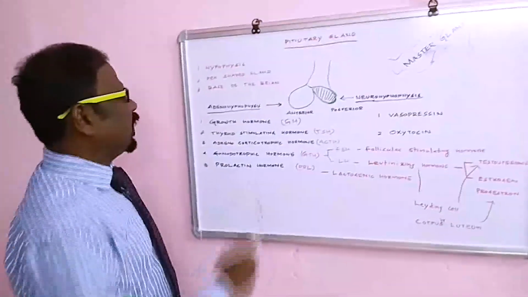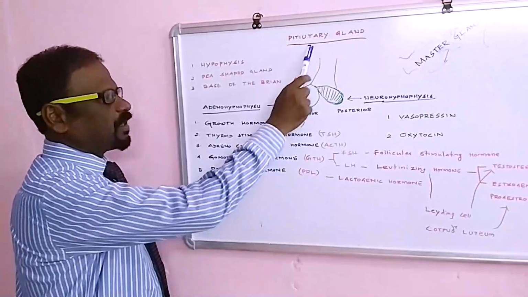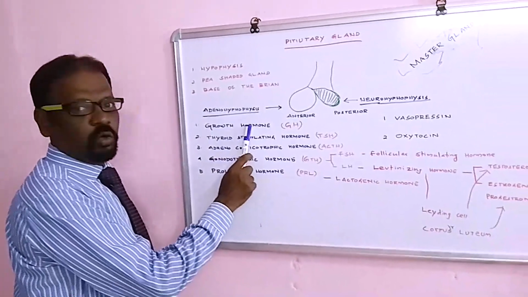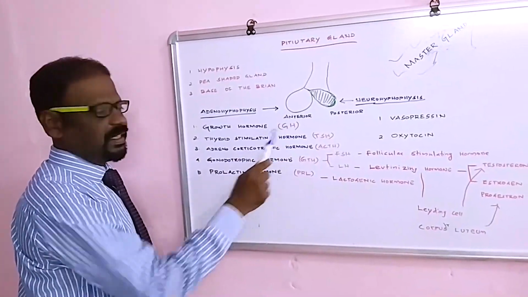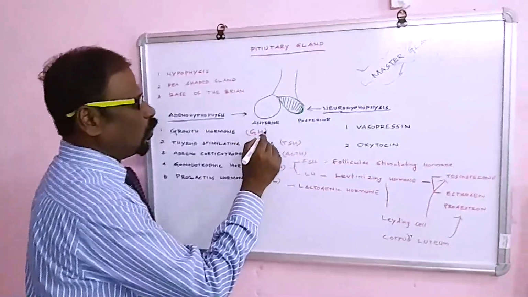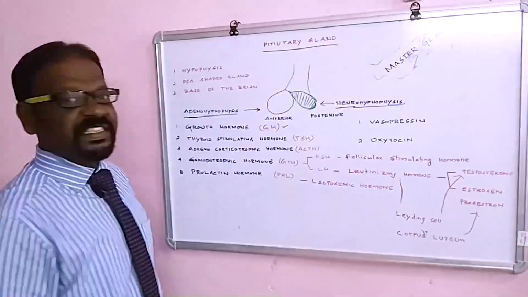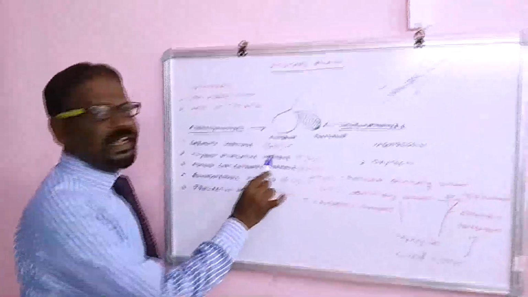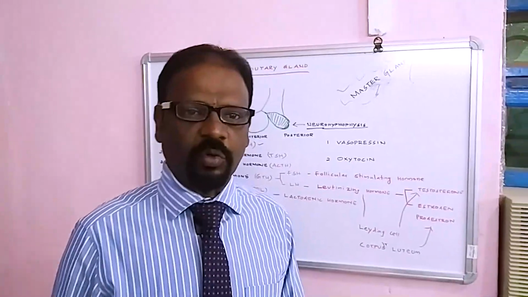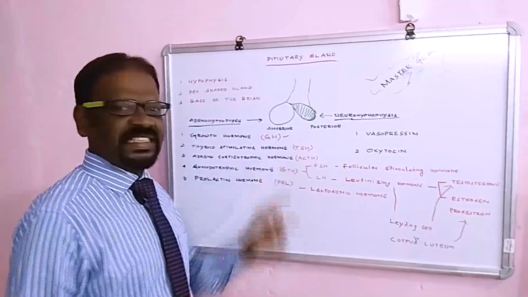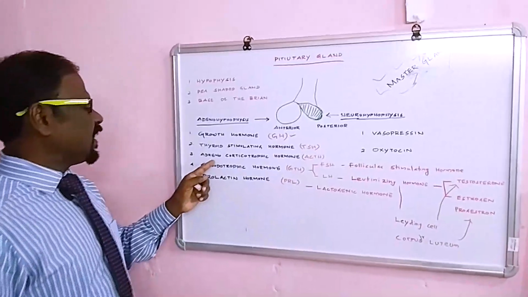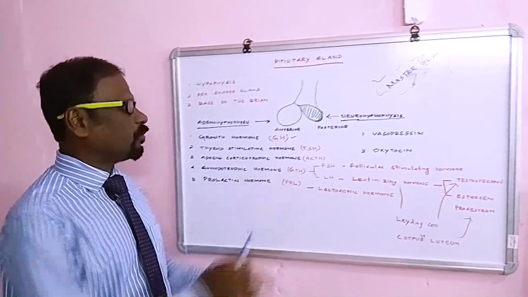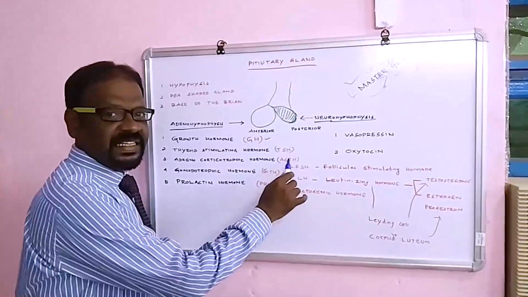The adenohypophysis, the anterior part of the pituitary gland, secretes the first hormone called growth hormone, GH. The second one is the thyroid stimulating hormone, TSH. The third one is the adrenocorticotrophic hormone, ACTH.